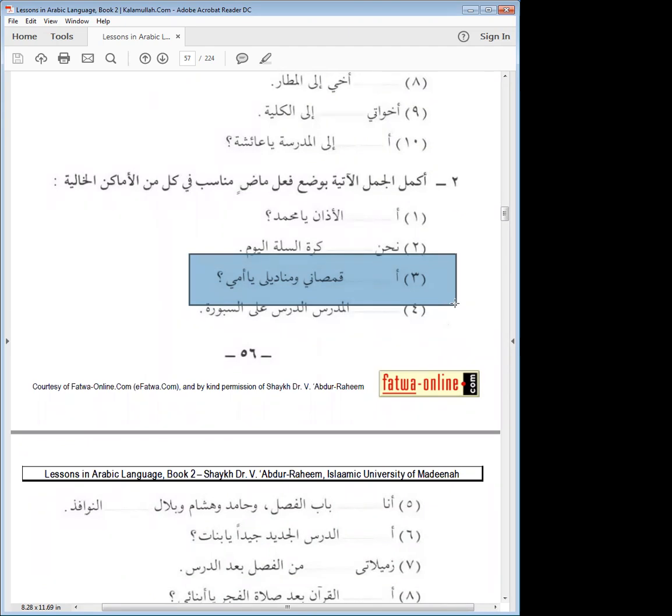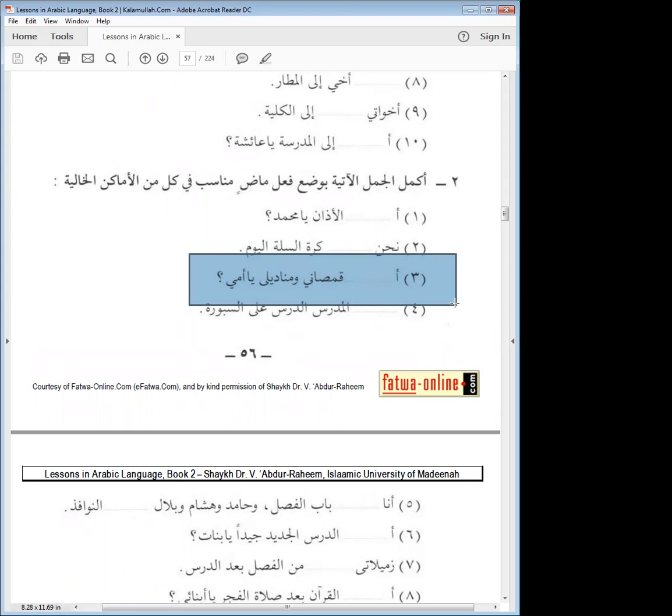So it could be wash, it could be iron. So ghasala is the wash, and kawa means the iron, right? So if you say wash, ghasala, you could say ghasalti قمصاني ومناديلي يا أمي.